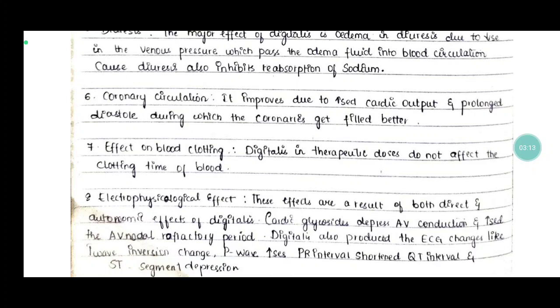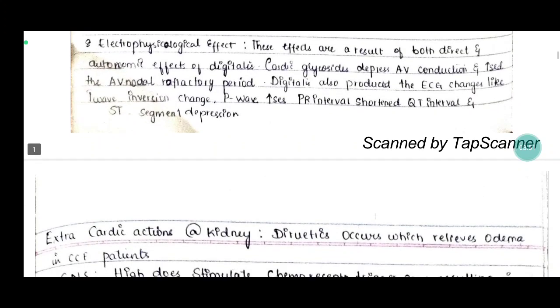And the electrophysiological effect. These effects are a result of both direct and autonomic effects of digitalis, where the cardiac glycoside depresses the AV node conduction, with an increase in the AV nodal refractory period. Digitalis also produces ECG changes like T wave inversion, P wave increase, PR interval lengthening, and shortened QT interval and ST segment depression.